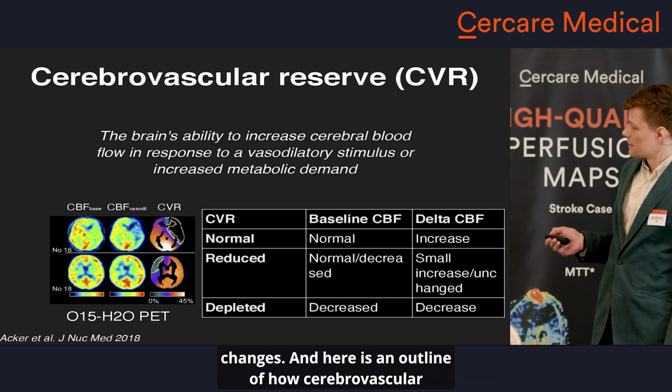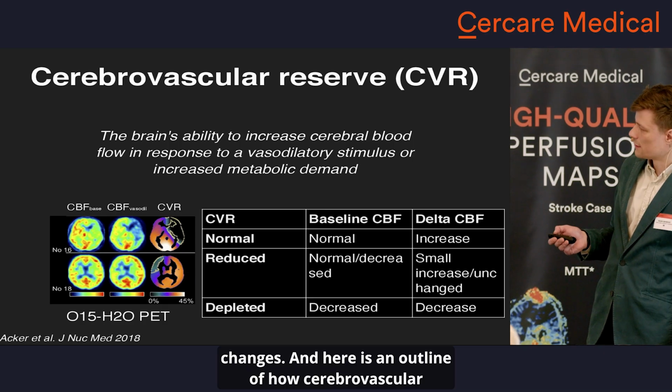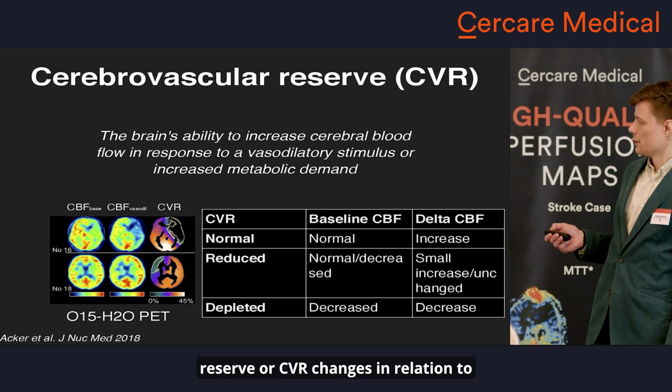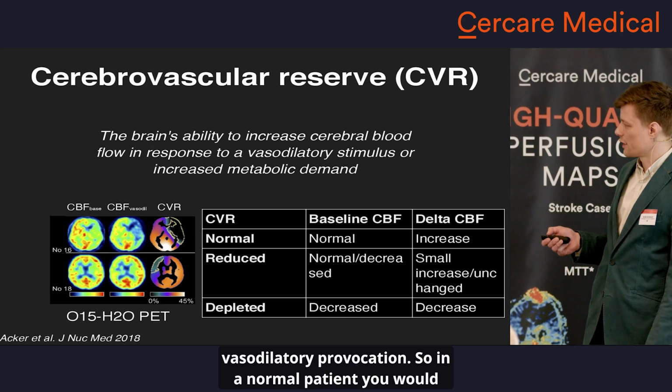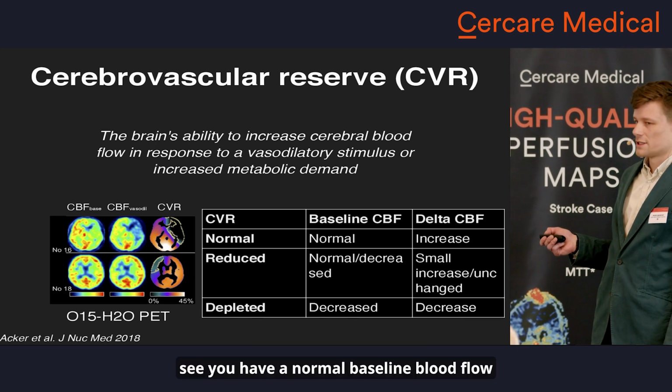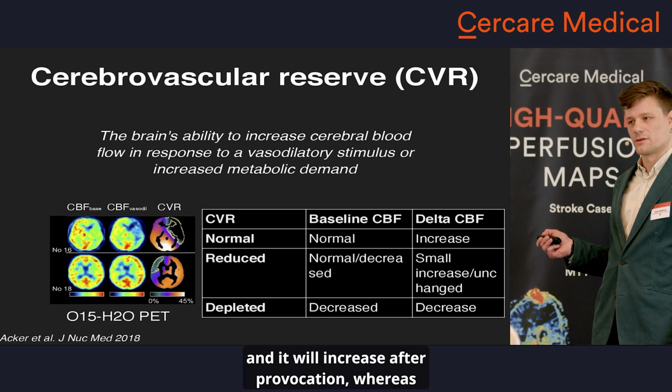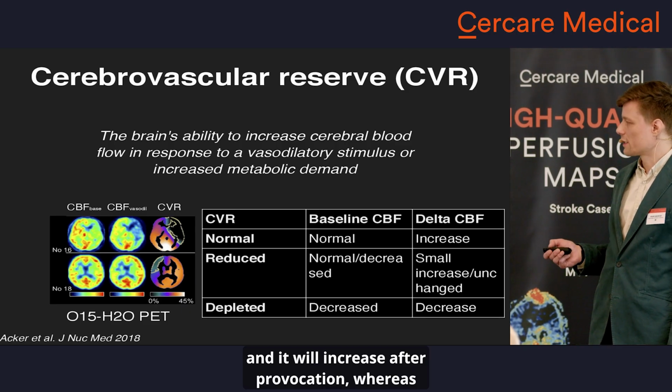And here is an outline of how cerebrovascular reserve, or CVR, changes in relation to vasodilatory provocation. So in a normal patient, you have a normal baseline blood flow and it will increase after provocation.